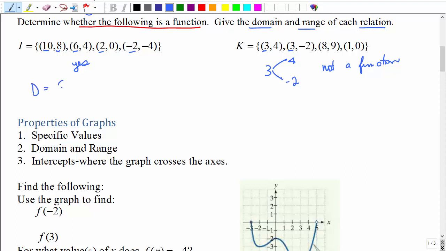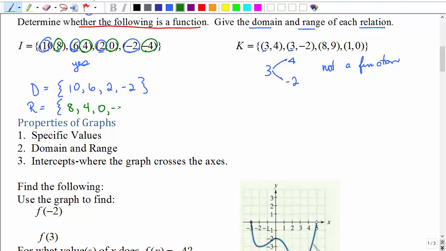So my domain, and again you can list these numbers in any order, really doesn't matter. It is the set of x values, and I'm using D for domain, and range would be the set of y values. So we'd have 8, 4, 0, and -4.